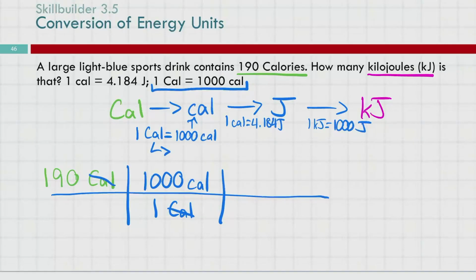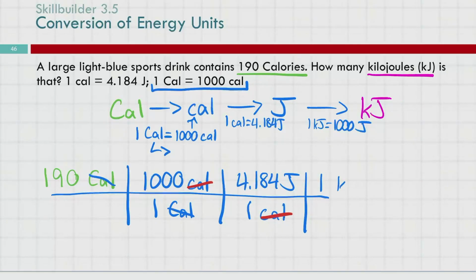And then for our second step, we're converting from lowercase c cal to joules. So our 1 cal, lowercase c cal, will go on the bottom, and our 4.184 joules goes on top. And then our last step, joules to kilojoules.